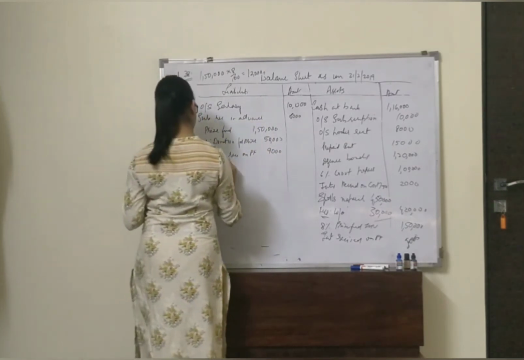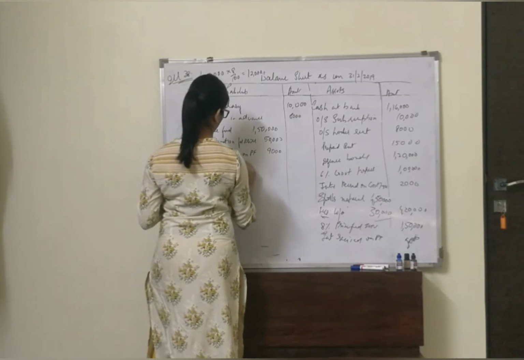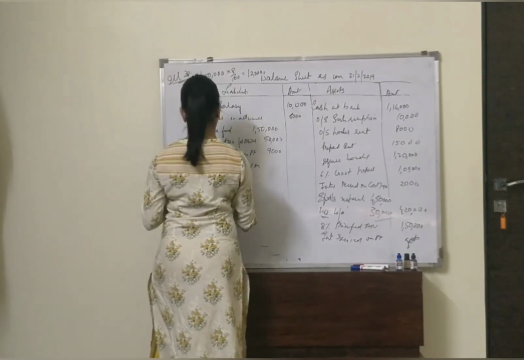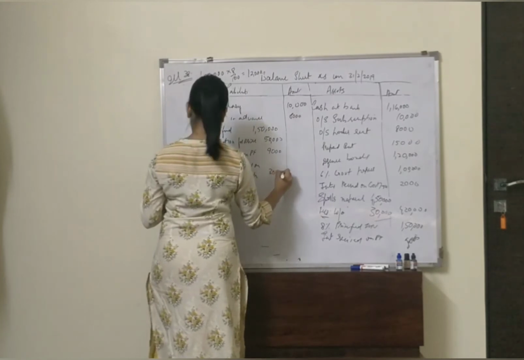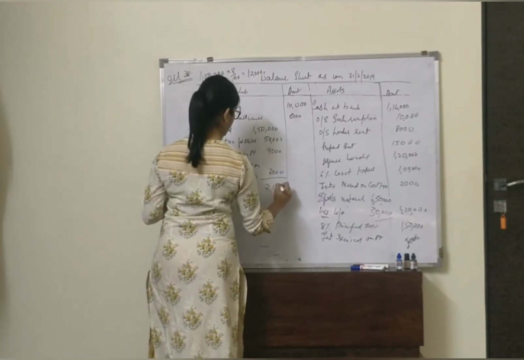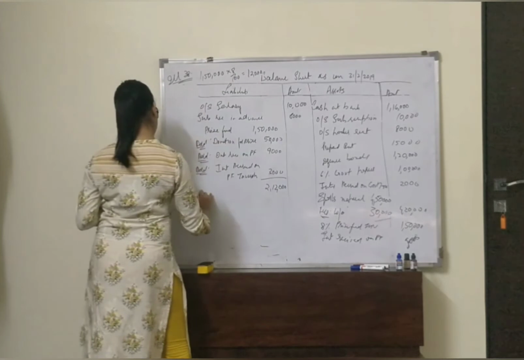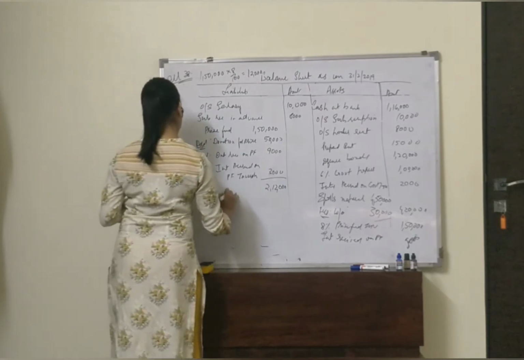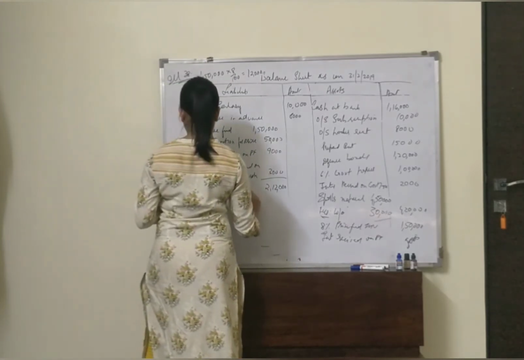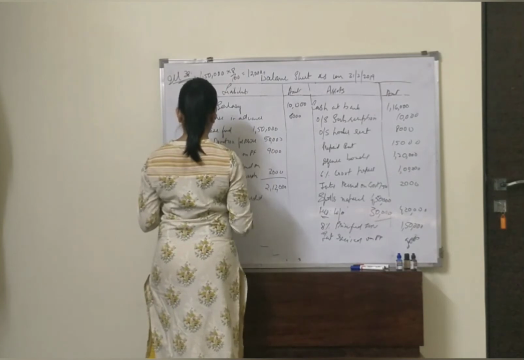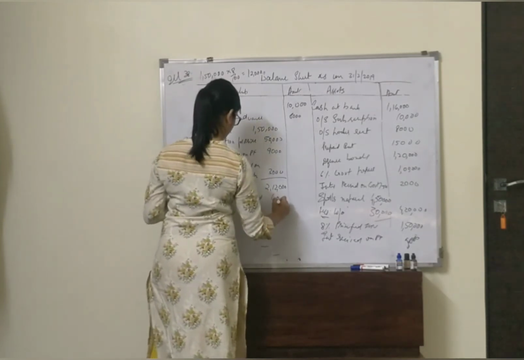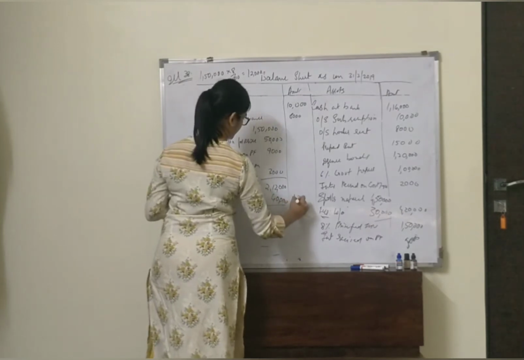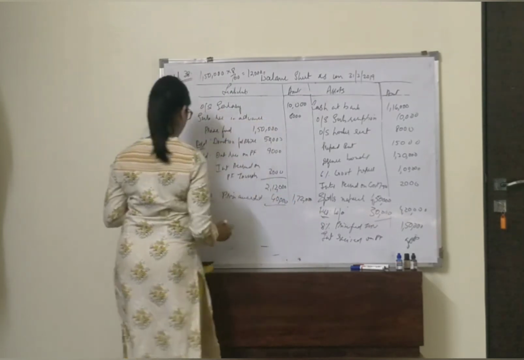We add interest accrued 3,000. We get 2,12,000 and we deduct prize awarded. In our payment side of receipt and payment account, it is 40,000. We get 1,72,000.